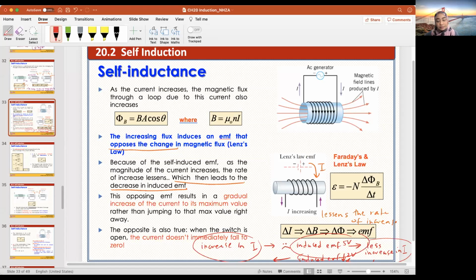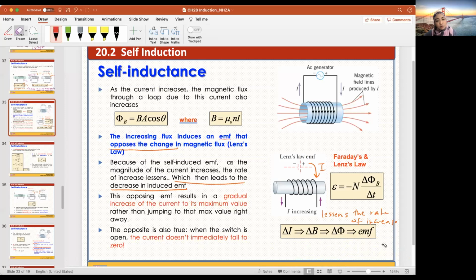However, you only have to know the increase in I, what happens to the induced EMF, and what the direction of the induced current is. With that story, we know the induced EMF is induced with a fairly high voltage until it becomes zero voltage. Because of that, this opposing EMF results in a gradual increase of current to its maximum value.